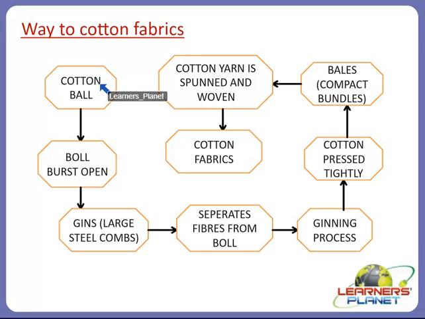First of all, there is a cotton boll. And as we discussed, the cotton boll is the plant's seed pod. This boll bursts open, and after that gins, that means large steel combs, are passed through the cotton.